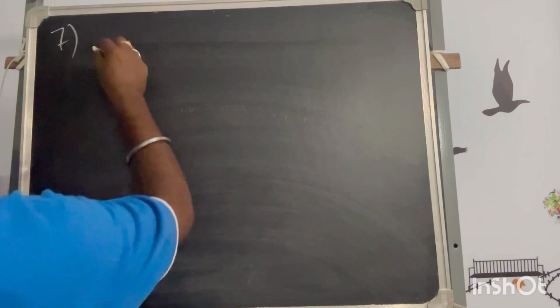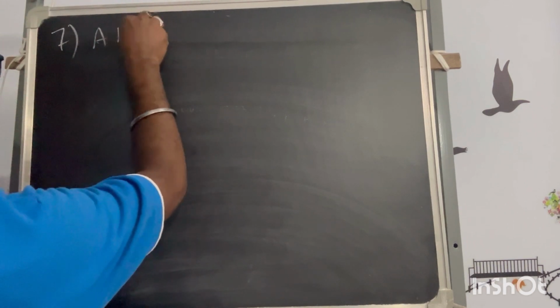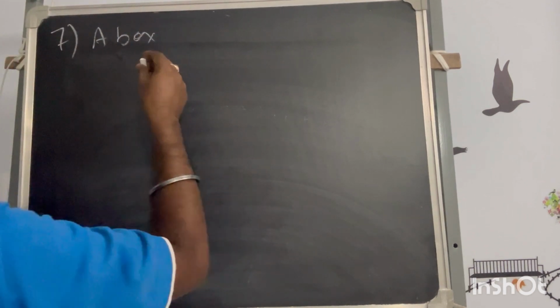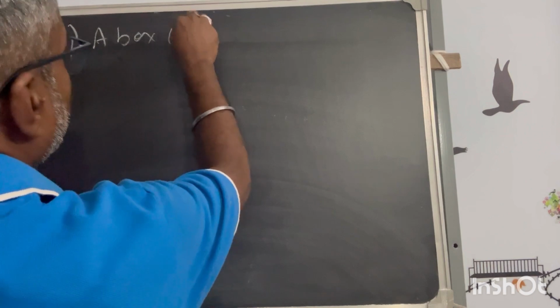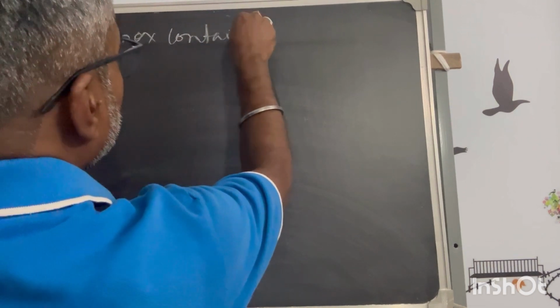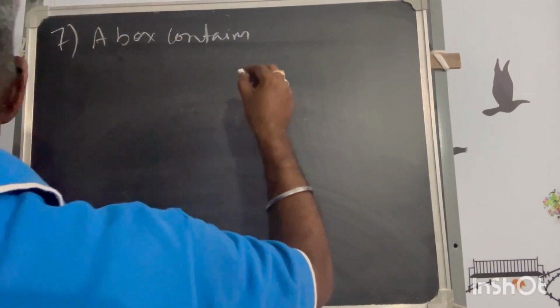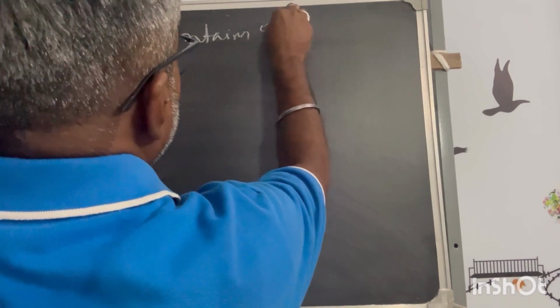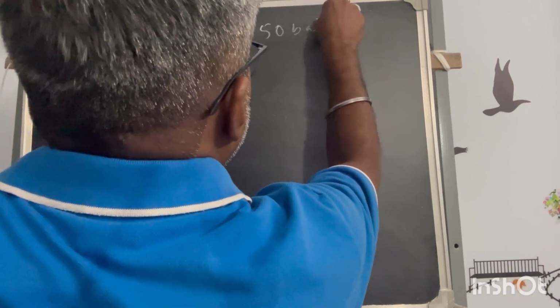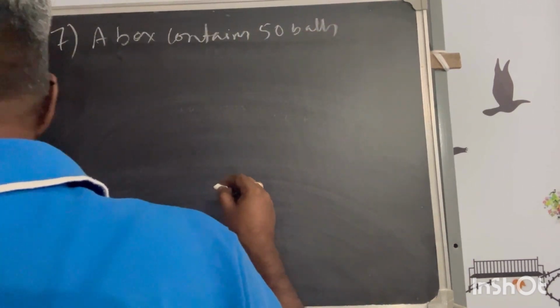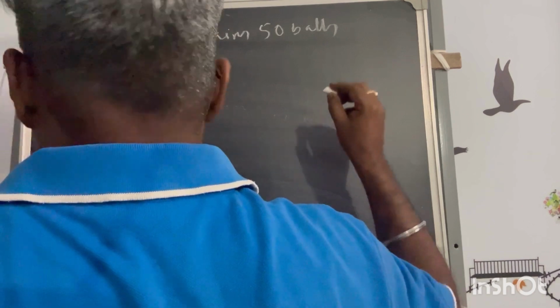A box contains 50 balls of the same shape and weight.